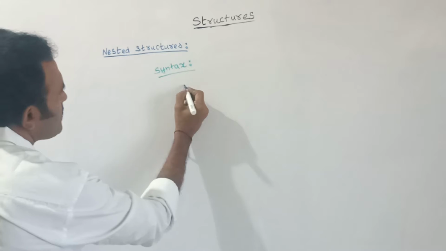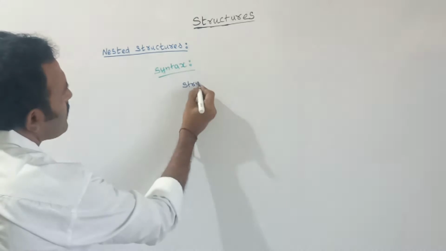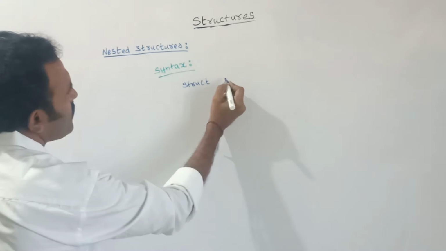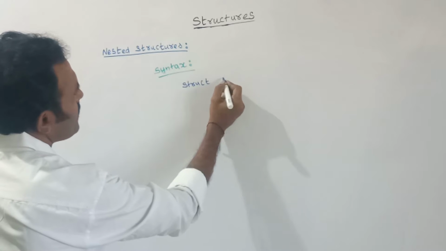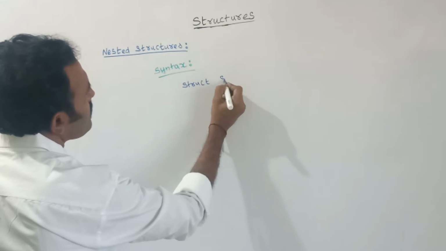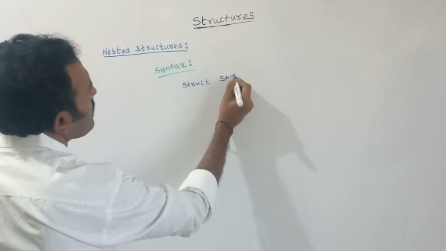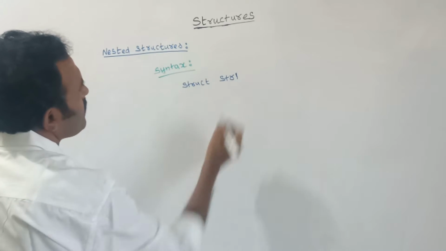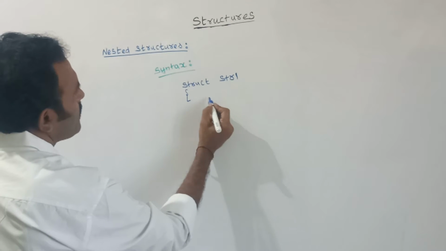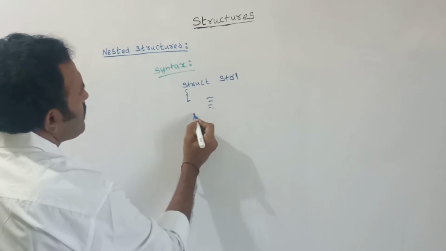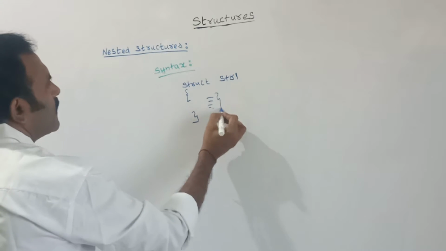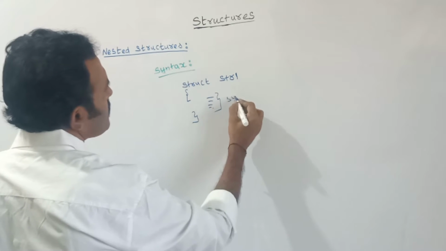See here, first is the struct keyword. Next, the structure name. For example, str1; the structure name is str1. Here are some structure members.